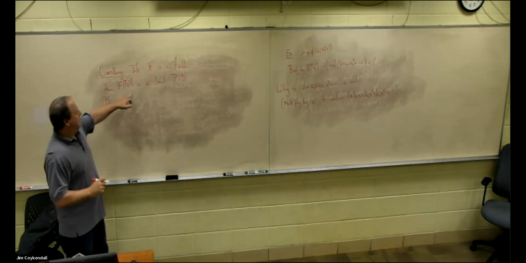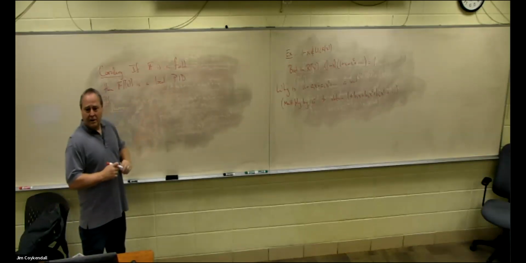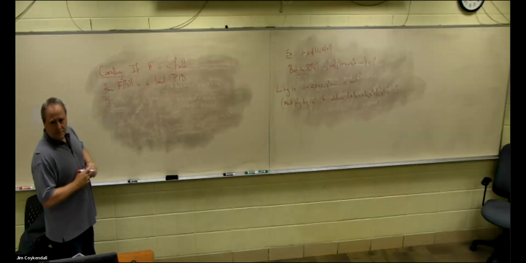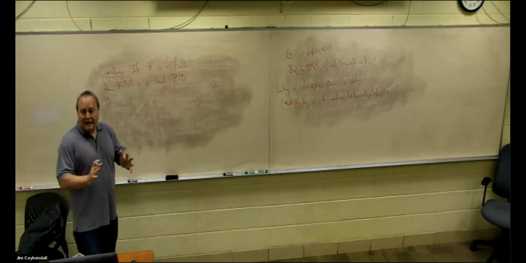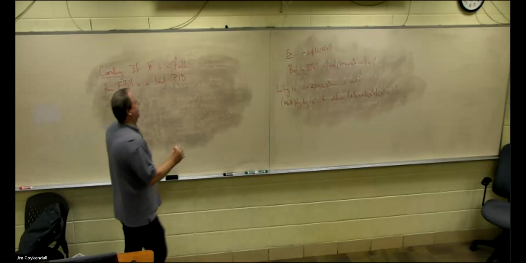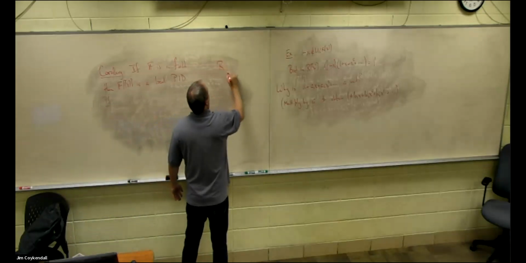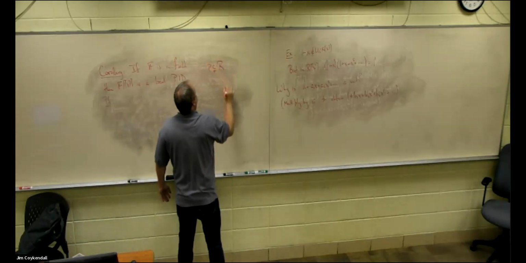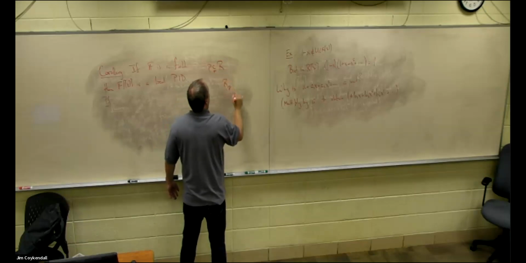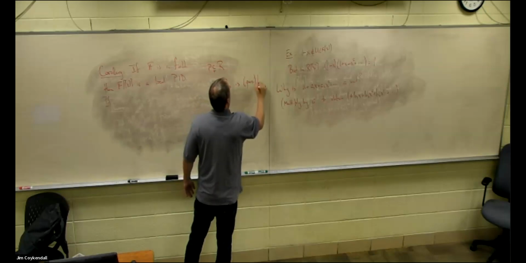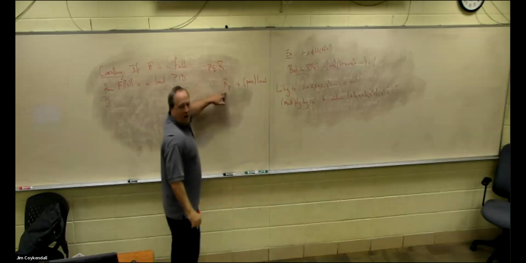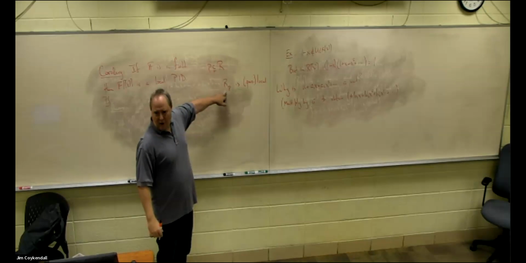So what does that have to do with localization? Well, because when you take a prime ideal P in a ring R, and you look at R localized at P, that construction always has a unique maximal ideal.